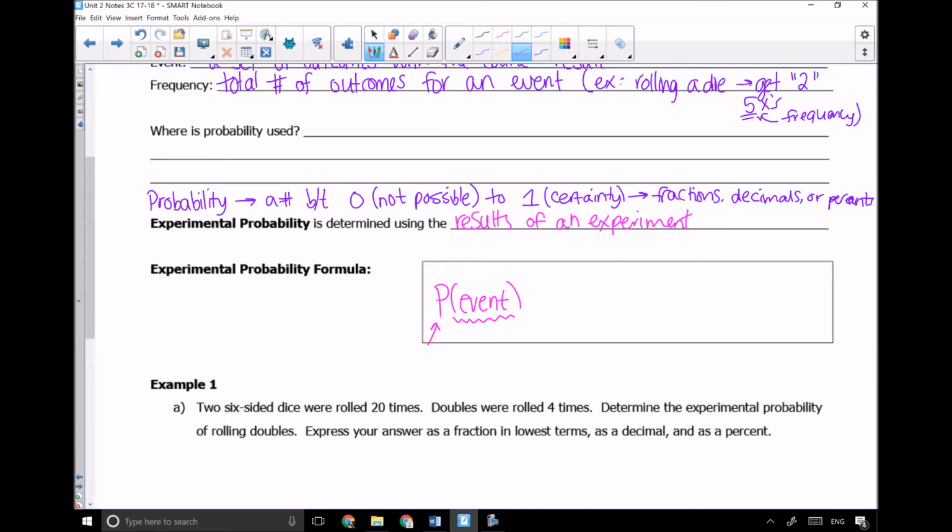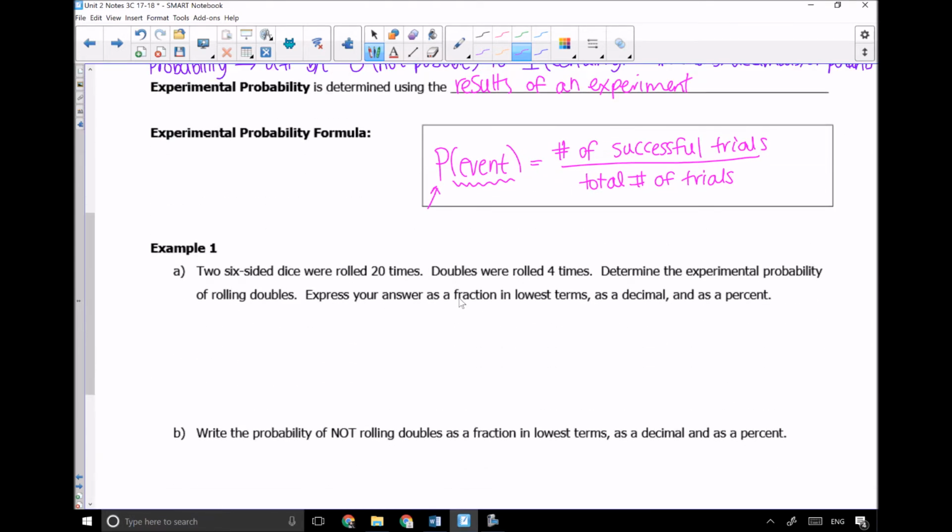But essentially, the probability of an event is just the number of successful trials over the total number of trials. Okay? So once you get that down, don't forget you can pause and rewind if I'm going too fast. Take it at your own pace, okay?